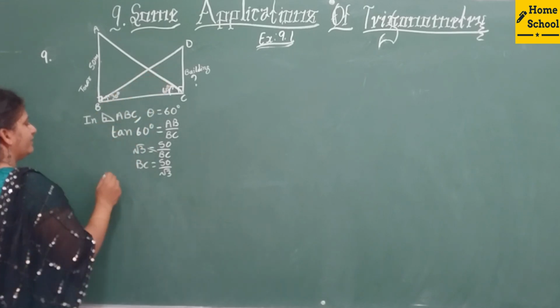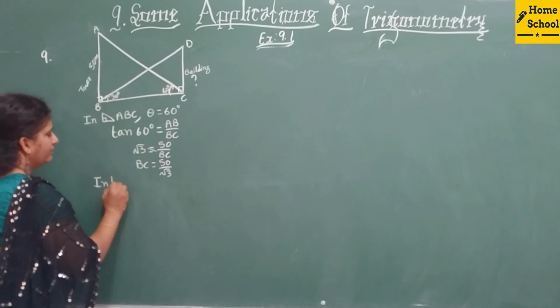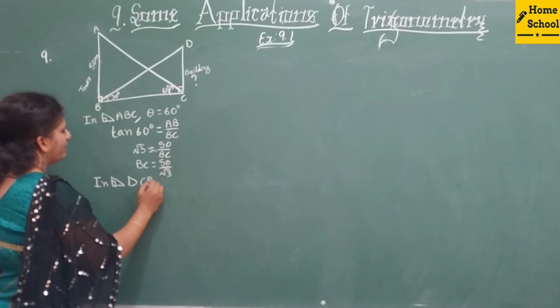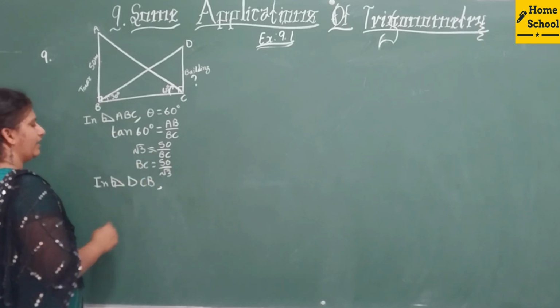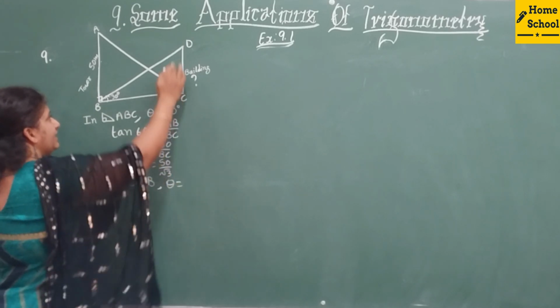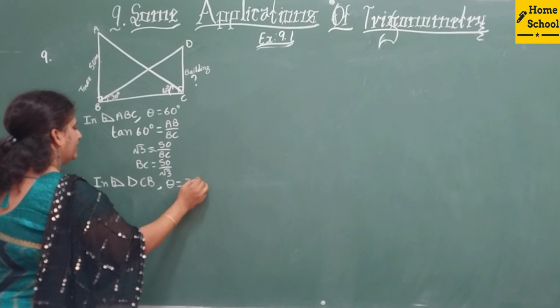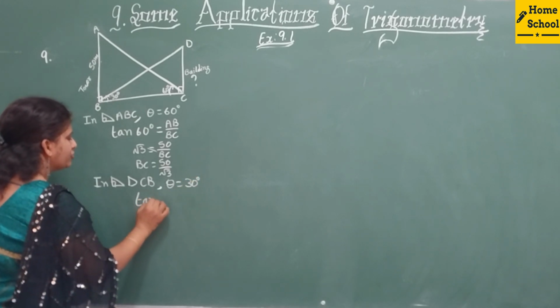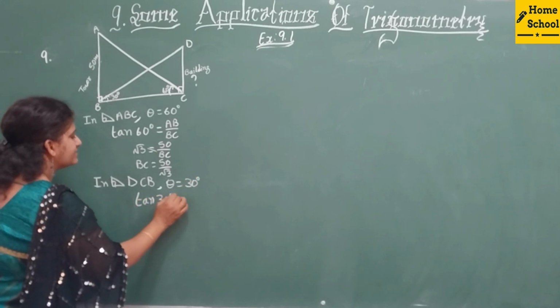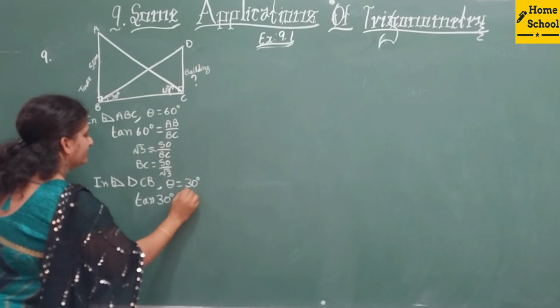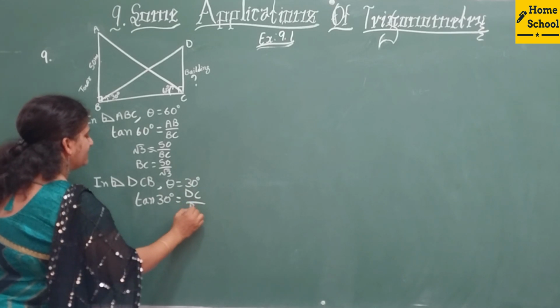Now take another right triangle. In right triangle DCB or BCD, anything is okay. Theta, what is your theta? This is a right triangle, means this is theta value 30 degree. Again same ratio, tan 30 degree is equal to opposite by adjacent, DC by BC.